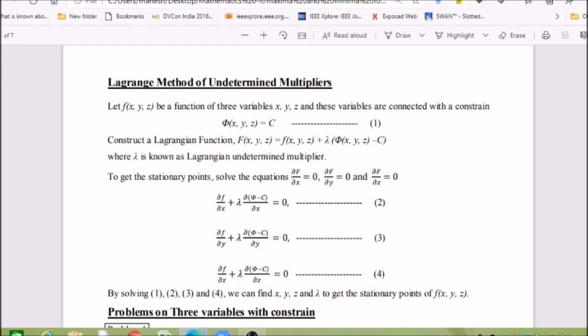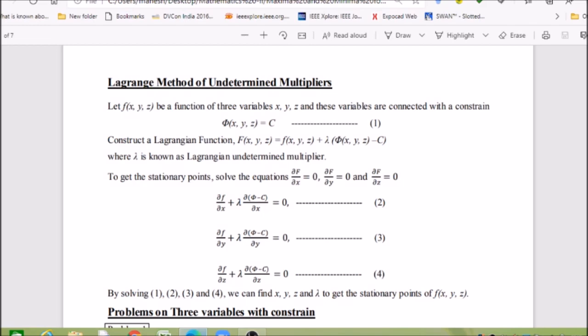That is equation 1. So first we'll construct the Lagrangian function capital F of x, y, z, that is equal to small f of x, y, z plus lambda into phi of x, y, z minus c, where lambda is known as the Lagrangian undetermined multiplier.